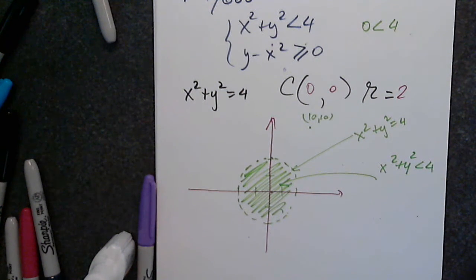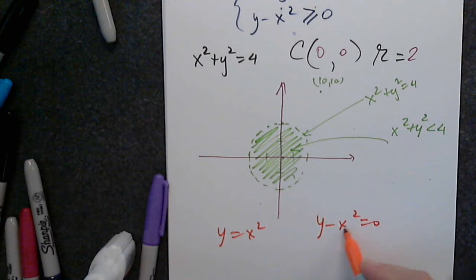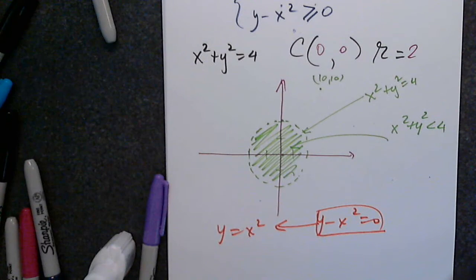I continue with the second one, which is y equals x squared. Let me write it as y minus x squared equals 0 first. What is the graph of this? We graphed it at least 15 times.